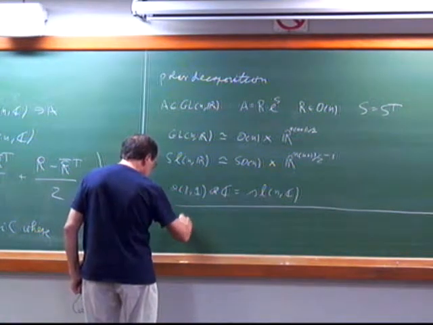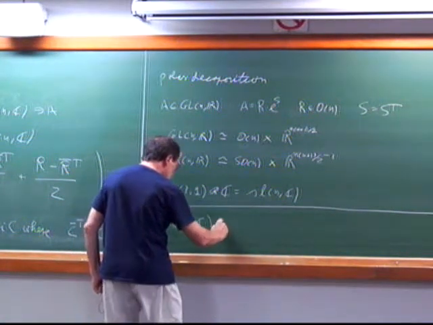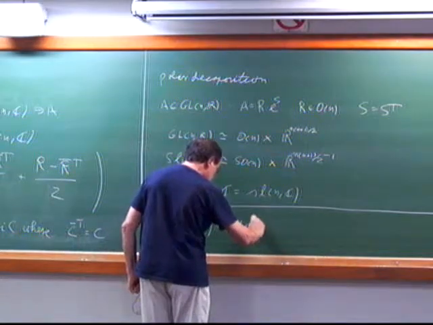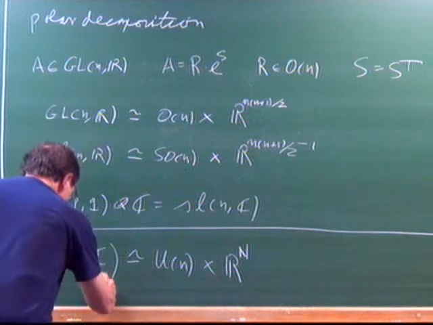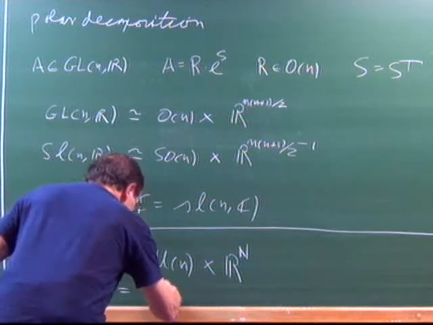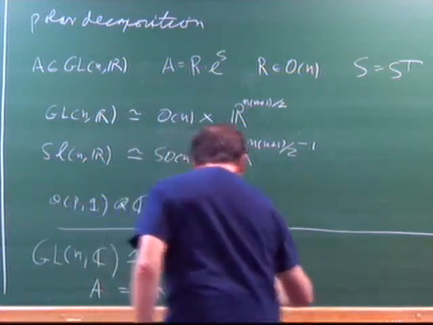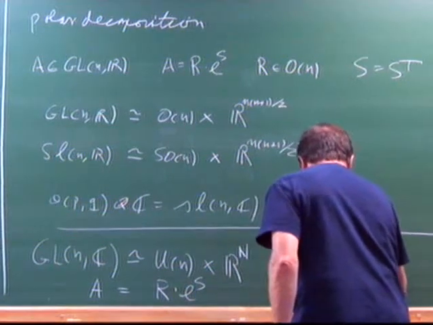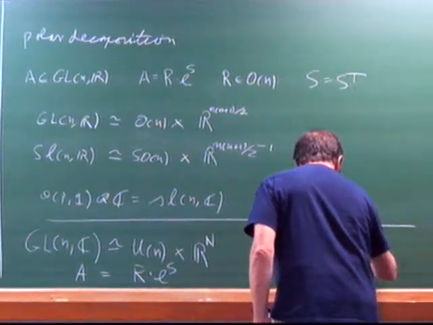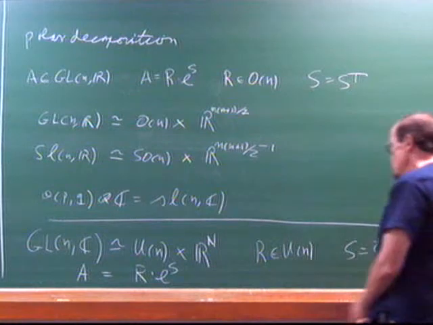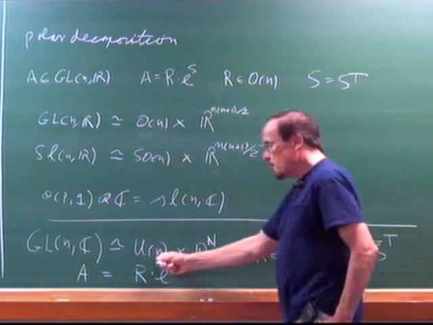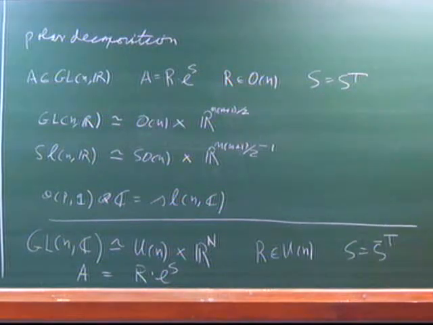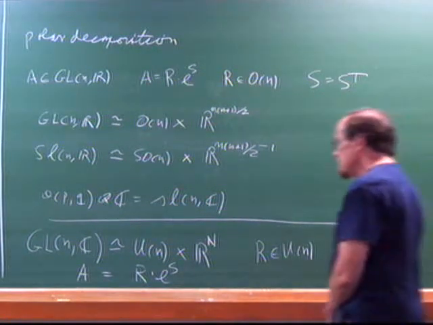GL(n,C) is diffeomorphic to U(n) times a vector space of a certain dimension, because A I can write as R times e to the S, where R is now in U(n), and S is skew Hermitian. Same rule as before. So the topology of GL(n,C) is just simply the topology of U(n). So that's another nice fact that works the same way.